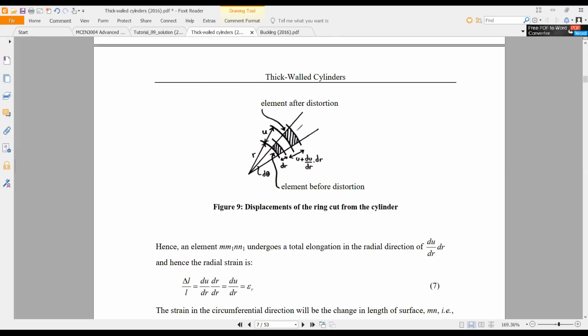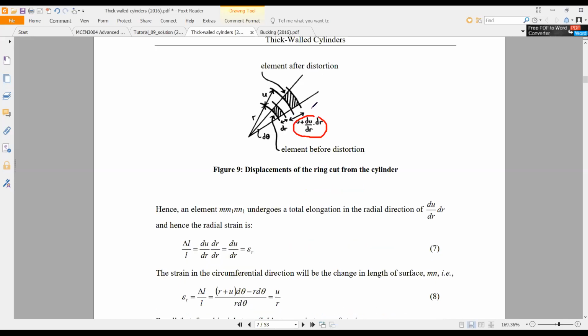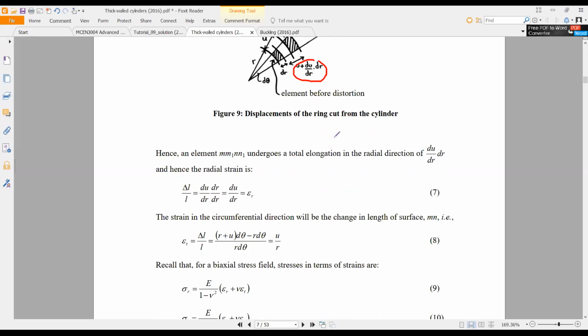When we go to the outer surface, you will use this kind of mathematical equation. Okay. So that is the outer surface displacement. So then you can find out the radial strain and tangential strain separately. Okay. Tangential, circumferential direction strain.